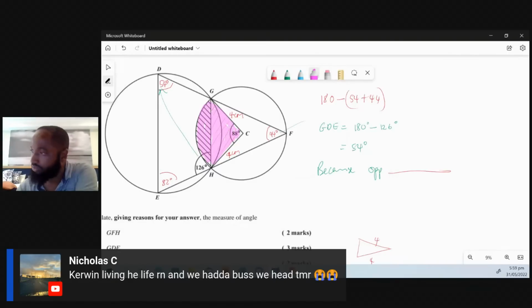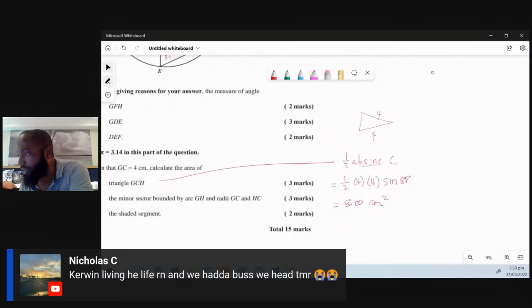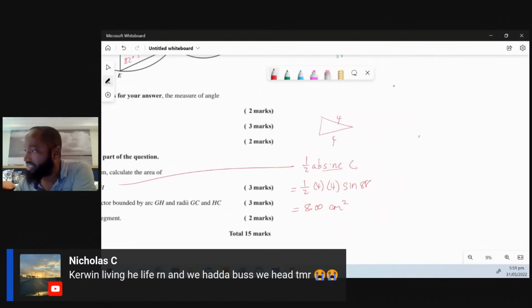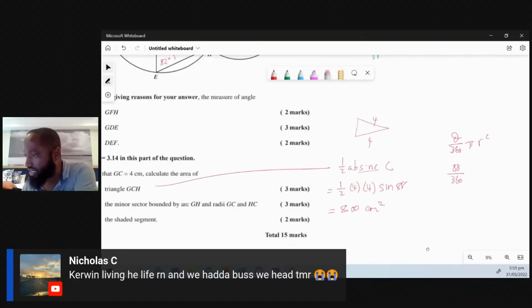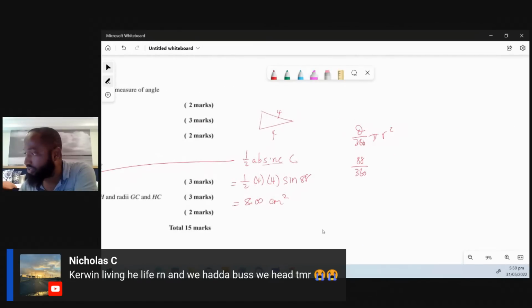No, that's simple. There's a maths formula for it, so I'll use the maths formula. This formula just says theta over 360 by pi r squared. So it's 88 over 360 by pi, which is said to be 3.14 in this question. You use what they tell you pi should be, and r was 4 squared.